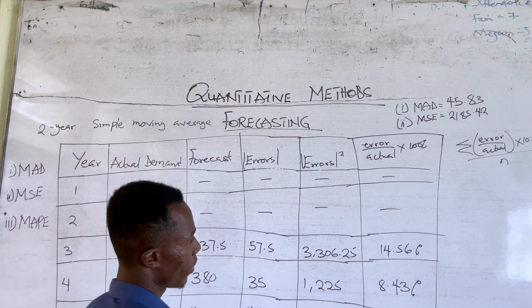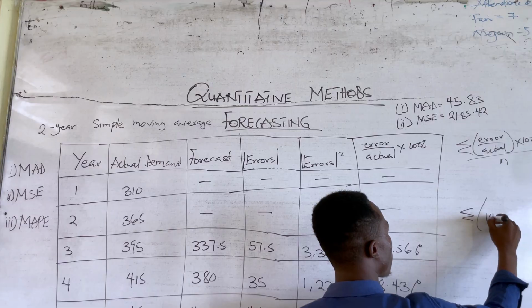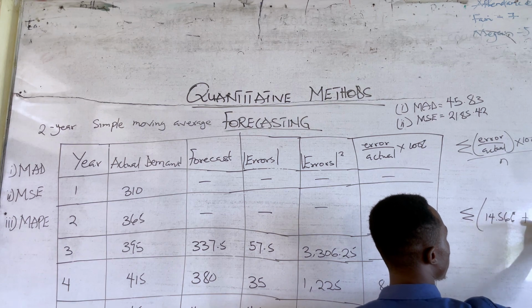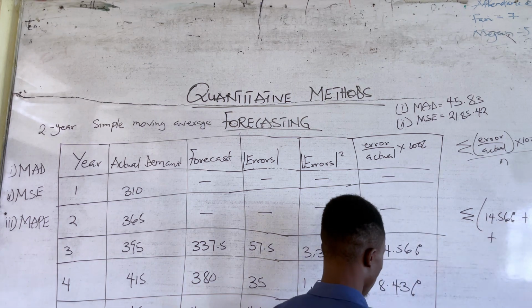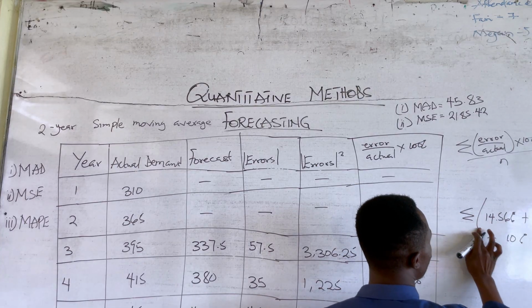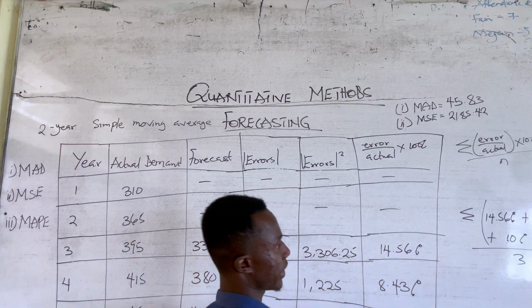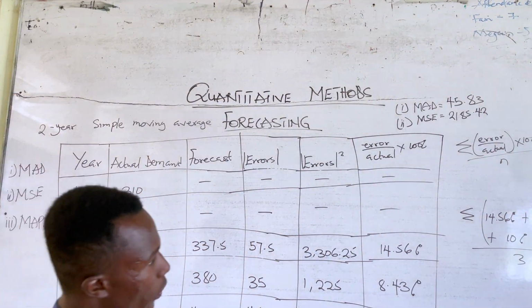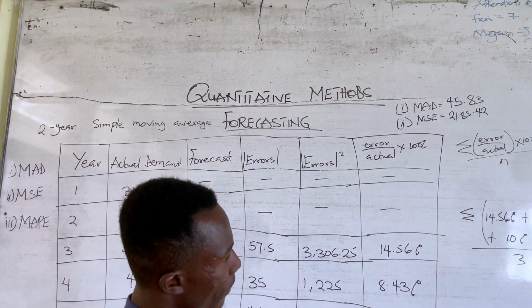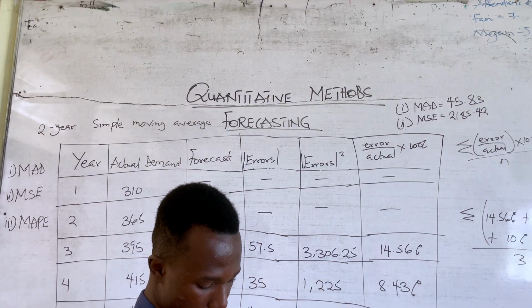So the summation, we have the summation of 14.56% plus 8.43% plus 10%. Okay, then we close the whole bracket. We divide it by what? 3. Okay, so let's sum the percentages. We have 14.56 plus 8.43, then plus 10.